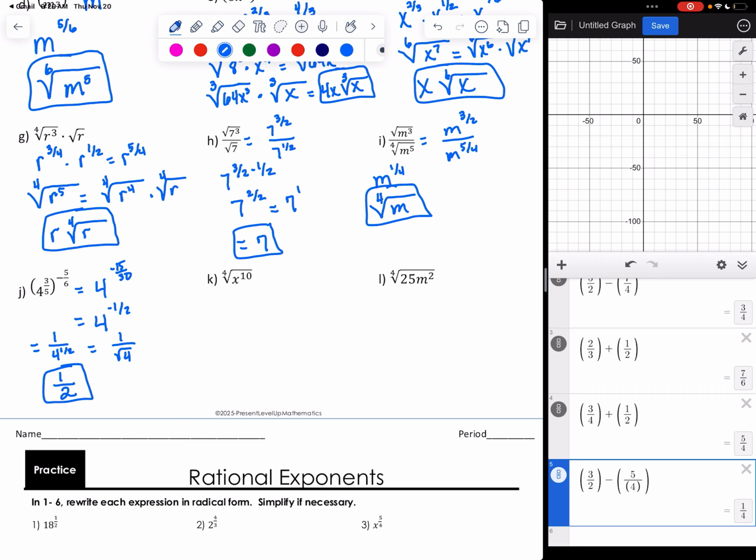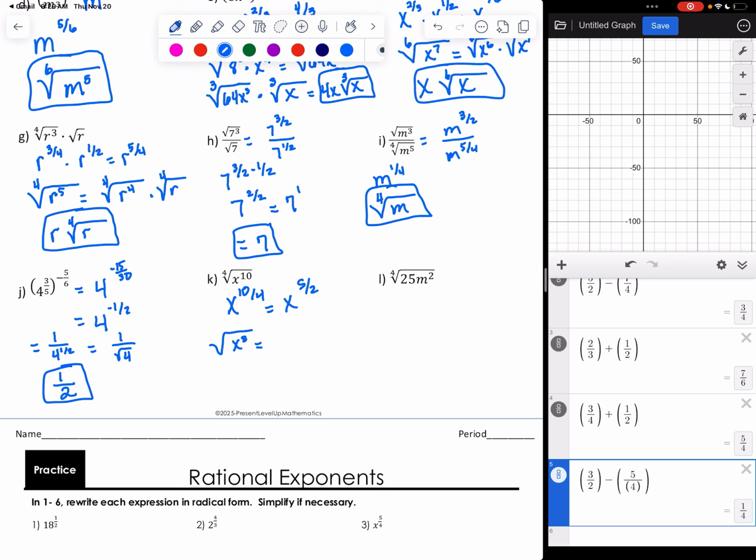All right, problem K. We have the 4th root of x to the 10 power. So I'm going to start off by rewriting that as x to the 10 over 4 power, which is the same thing as x to the 5 over 2 power, which is the same thing as the square root of x to the 5.